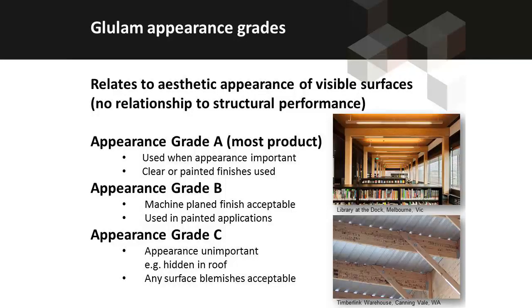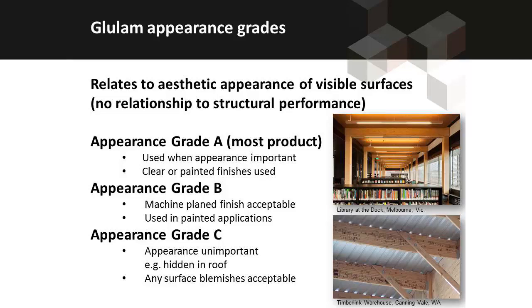The highest appearance grade is A. So most product that is produced in Australia, and certainly the product that has an architectural use, is appearance grade A, and it's suitable for varnishing or giving a clear finish. Appearance grade C is a rough finish and is totally appropriate if the glulam is going to be hidden or used in an industrial application. Those two photos, the top one is appearance grade A, the bottom one is appearance grade C.